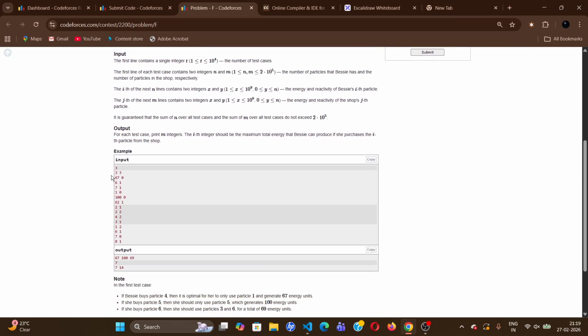No, it is a sorting based question. 6, 7 and 6, 1, 7, 1. So the maximum we can get, the better we can achieve. So from 3 we can take 2 of them.